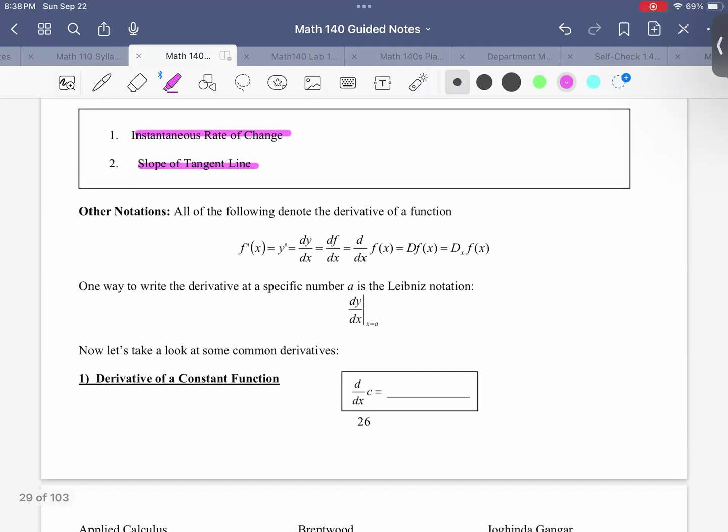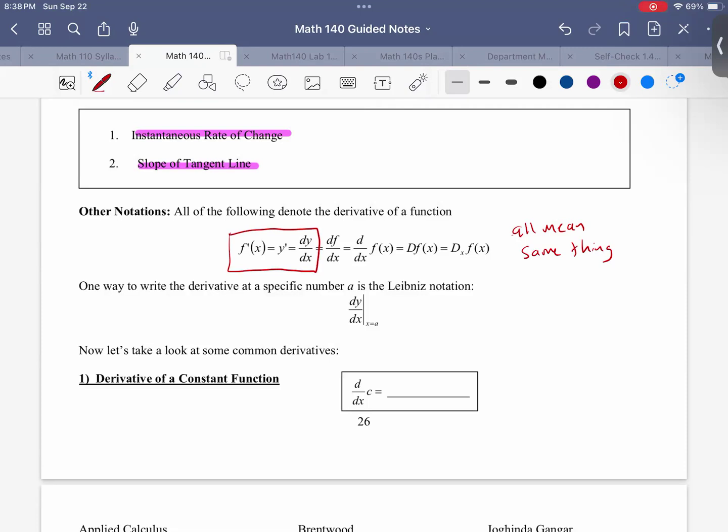So here's some other notation for this. They all mean the same thing, so don't be too scared by it. But we really will only check out these main three, where it says f prime of x or y prime, and this is like dy over dx.